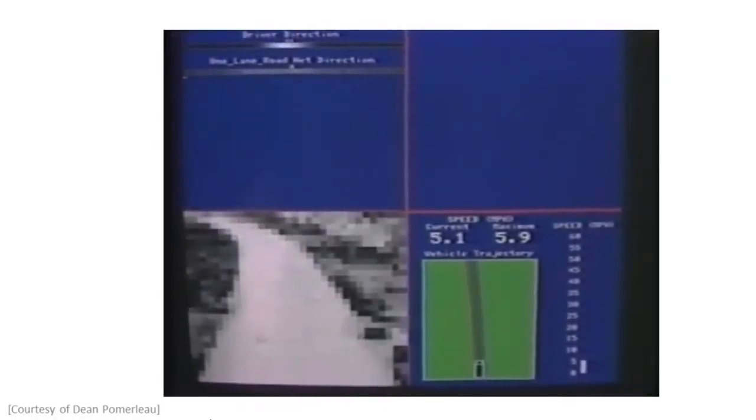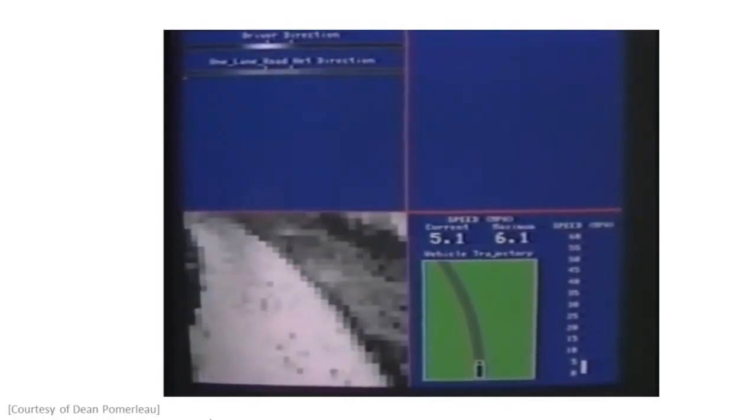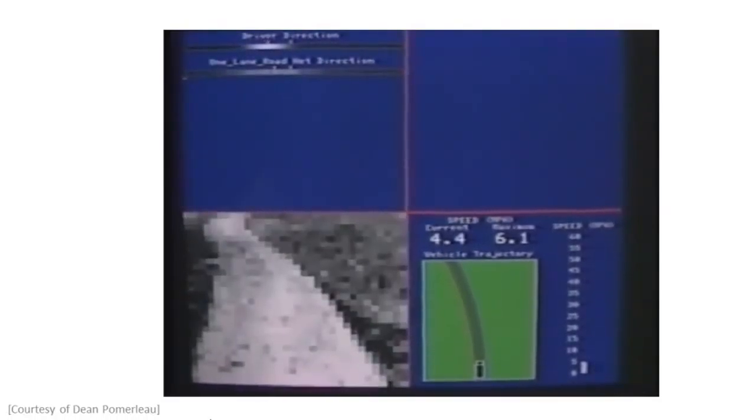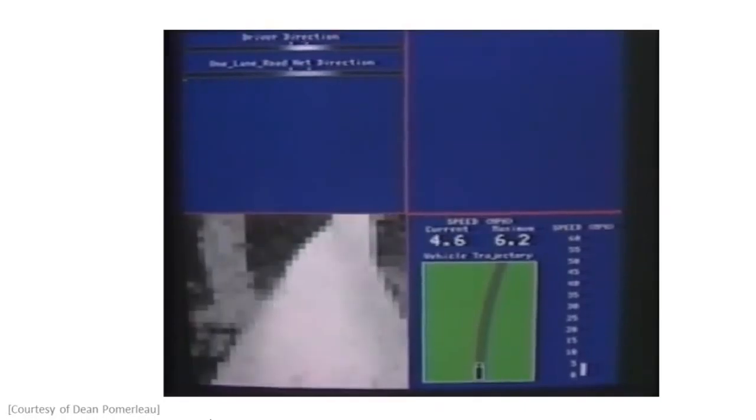Using the backpropagation learning algorithm, Alvin is trained to output the same steering direction as the human driver for that image. Initially, the network steering response is random. After about 2 minutes of training, the network learns to accurately imitate the steering reactions of the human driver.